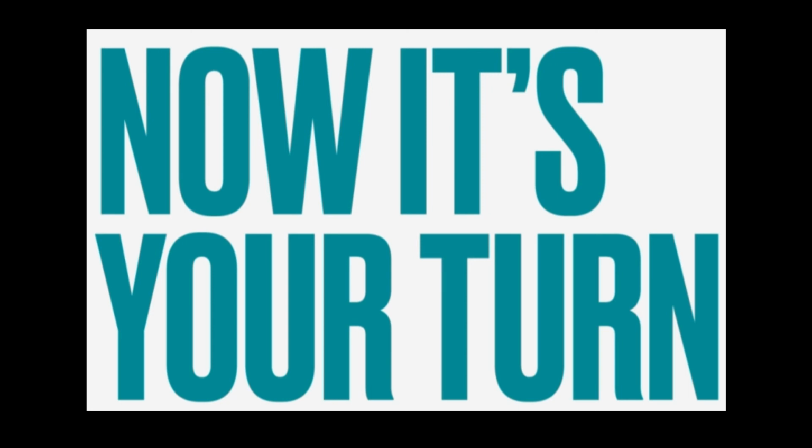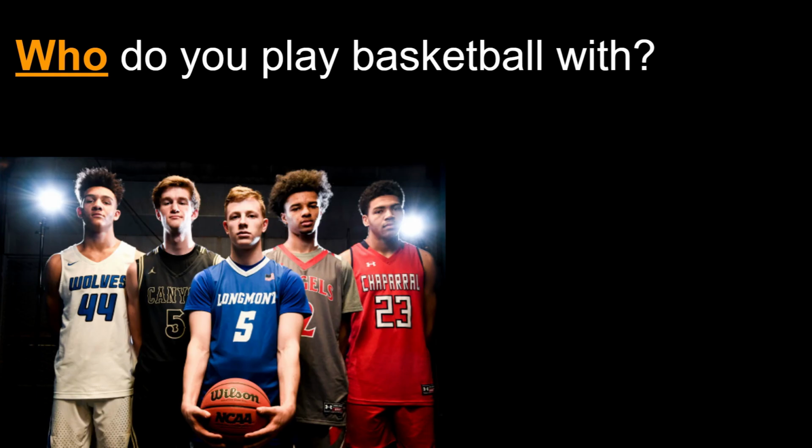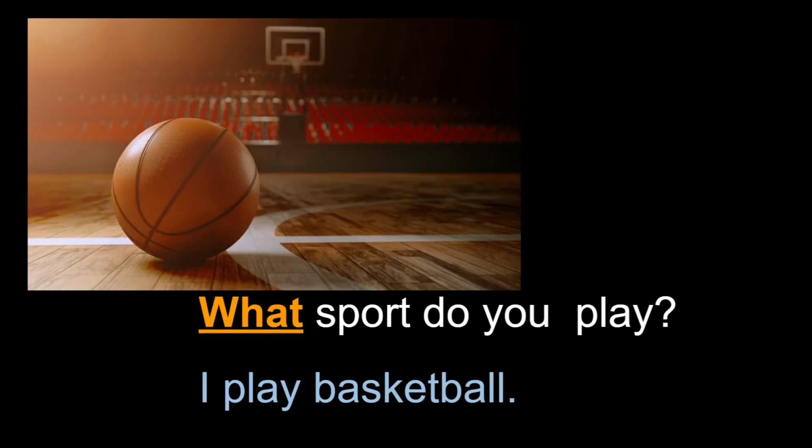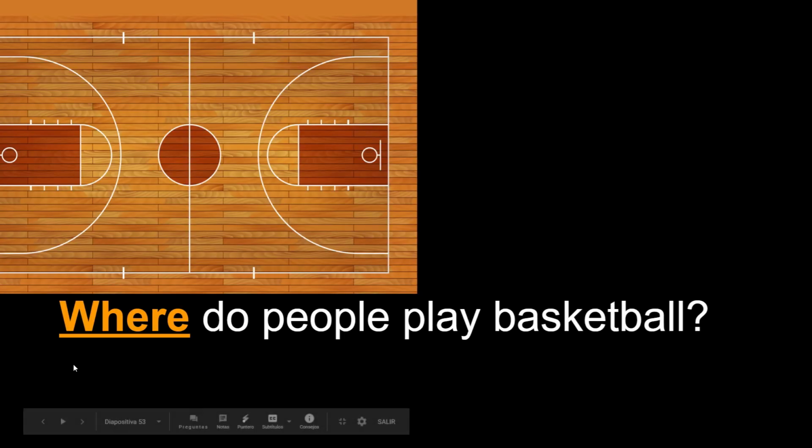Nice. So now it's your turn because, up to now I've been explaining and we've been practicing together, but now it's your turn to create questions, right? So I want to show you something. Before we continue, I want you to see that it says, what sport do you play? Because the question is for you, right? It says, where do people play basketball?